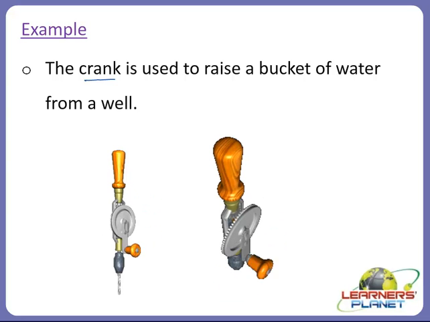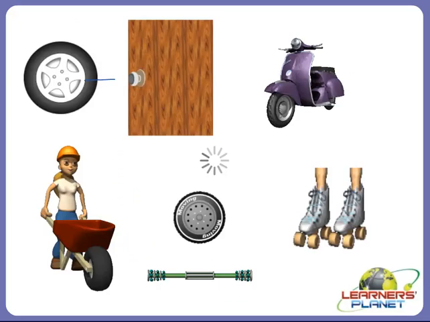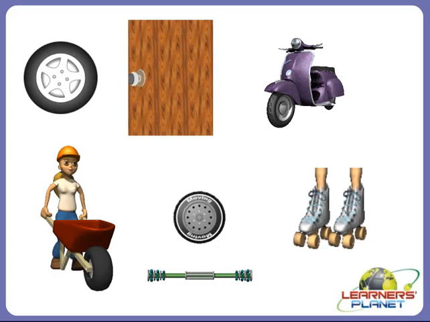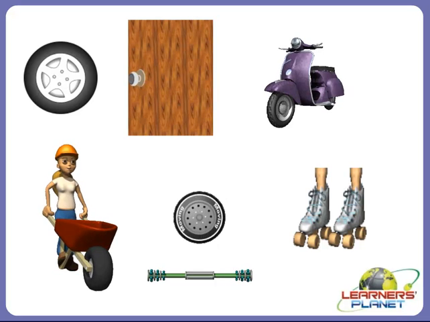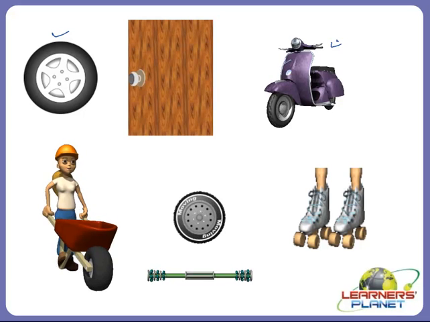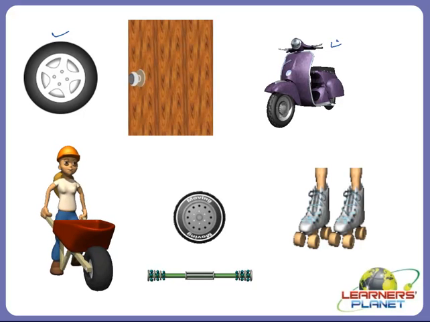There are many examples of wheel and axles, like bicycles, Ferris wheels, gears, wrenches, door knobs and steering wheels. Here you can see the picture of a wheel. This is a door knob. This is a scooter, right? And the wheel is attached to it.